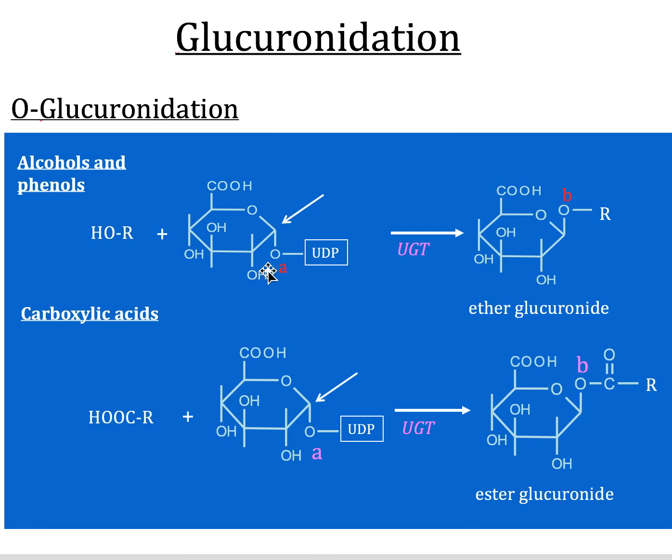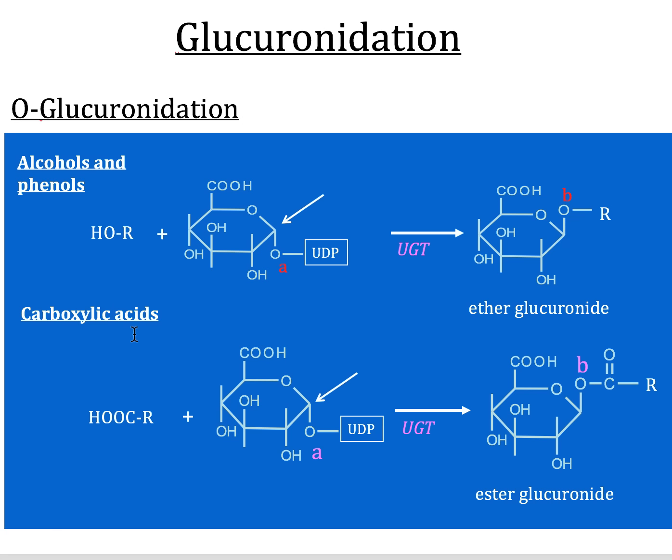So what happens here is that the UDP is removed, and the glucuronic acid part, the acid coming from the carboxylic acid there, is then added on to the O, and then an H is lost. So this is ether glucuronide because of the ether molecules there, as you can see.